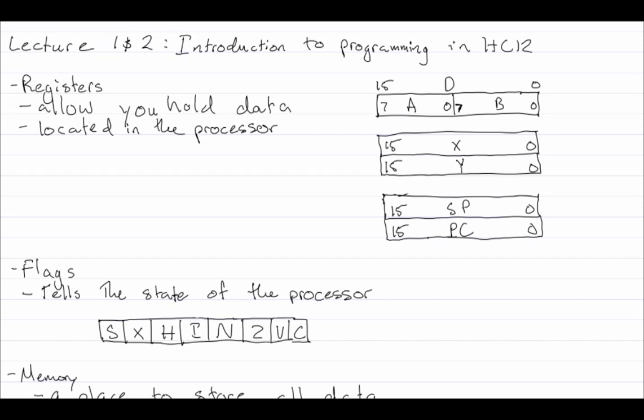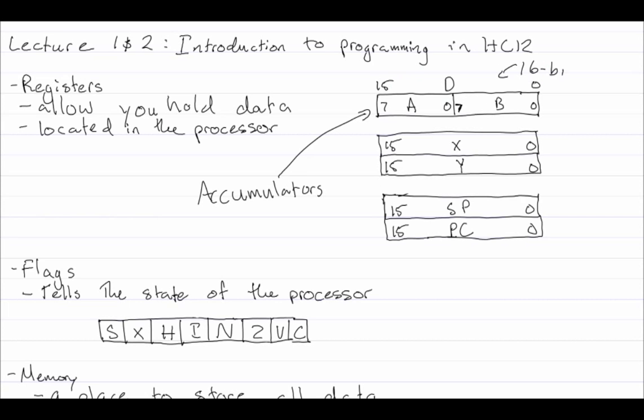So let's look at the 5 registers that come with this particular processor. The first one is the accumulators. The accumulators are made up of the D, A, and B registers. The D register holds 16 bits.